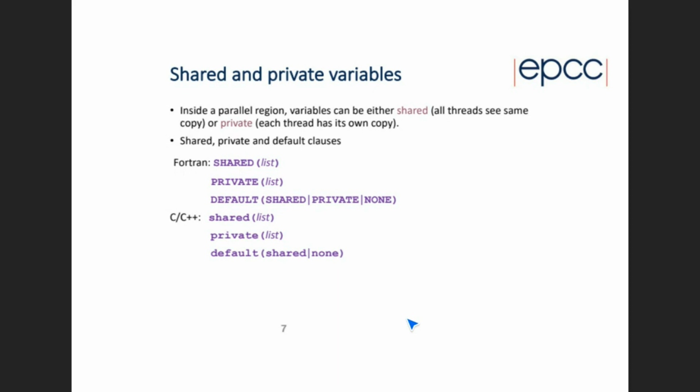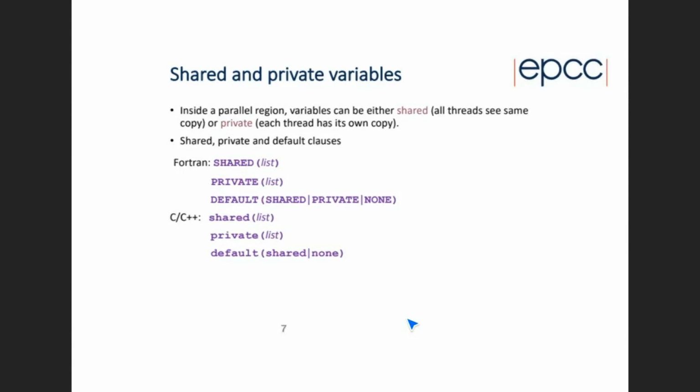The shared clause takes a comma-separated list of variables in braces, normal braces. Same for private. And then we can also specify the default behavior. This will apply to all variables which are not explicitly listed in one of the other clauses.